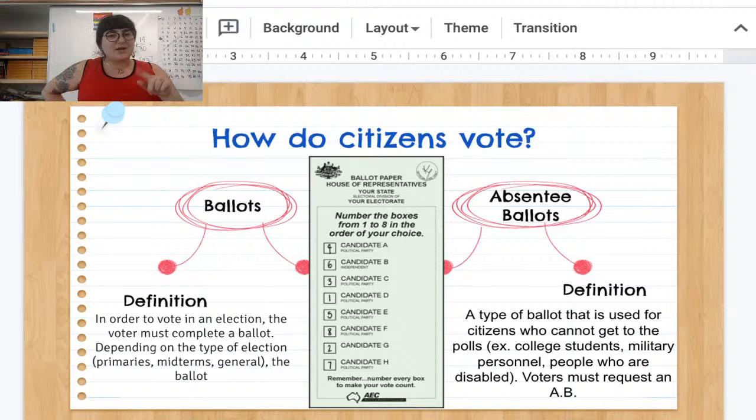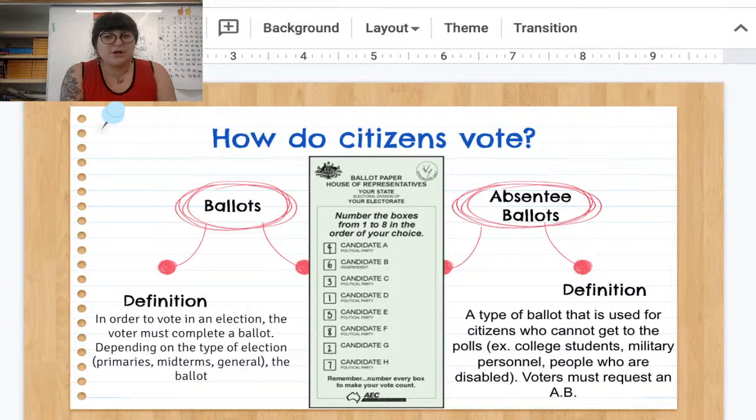Now, I put a little picture of a sample ballot, and this would be if we were voting for a new House of Representative for California. And really, when you're voting, many of you, I would love, love, love for you to ask your parents, how are you voting this year?